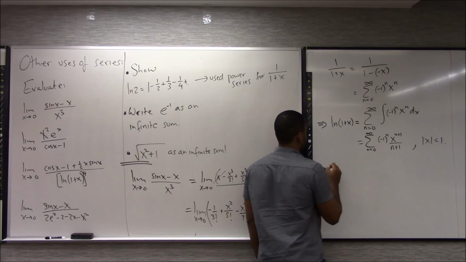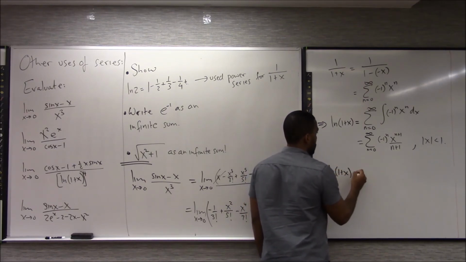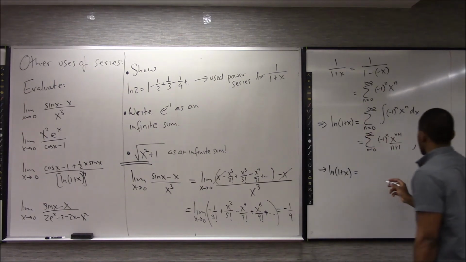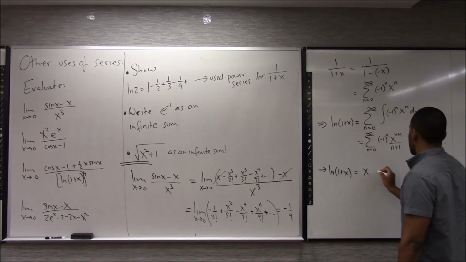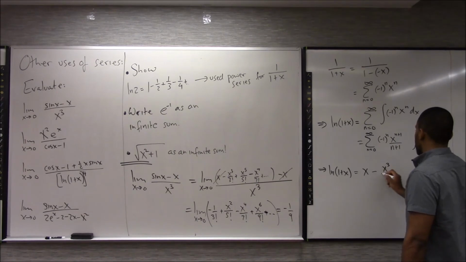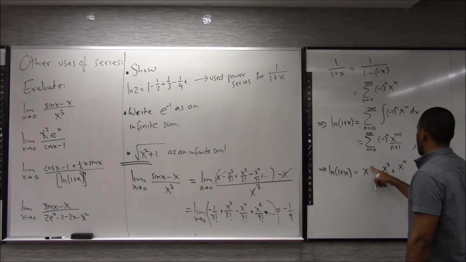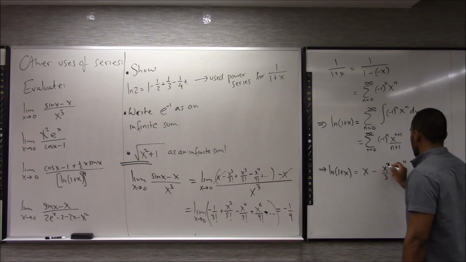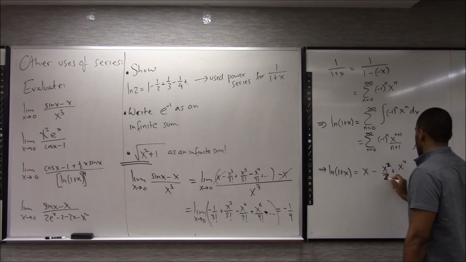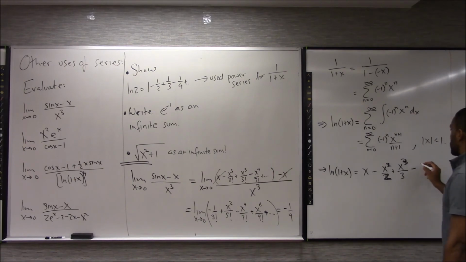So this gives us that ln of 1 plus x is going to be equal to x minus x squared over 2 plus x cubed over 3, and so on. Plug in n equals 0, plug in n equals 1, plug in n equals 2, plug in n equals 3, plug in n equals 4.